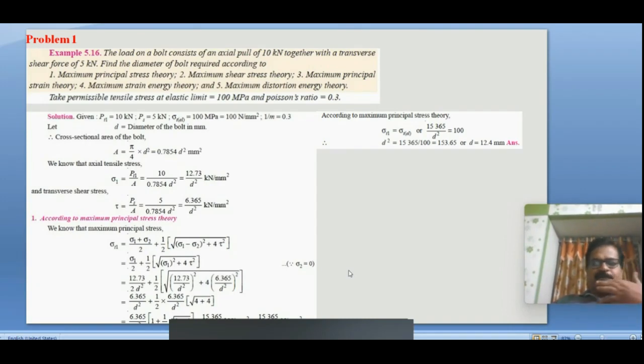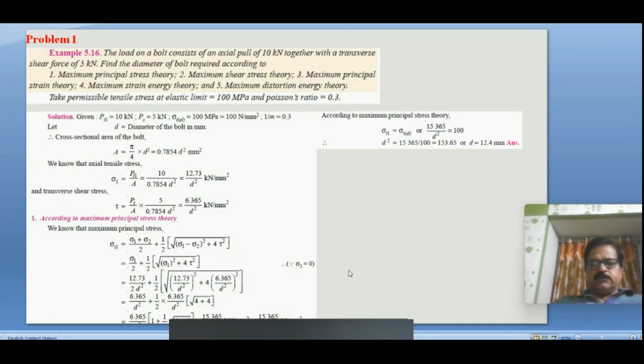Here there are two types of stresses induced in the member, one is the normal and another one is the shear. So sigma 1 by 2 plus half of the square root, within the square root we have sigma 1 square plus 4 tau square, where sigma 1 is the normal stress and tau is the shear stress.